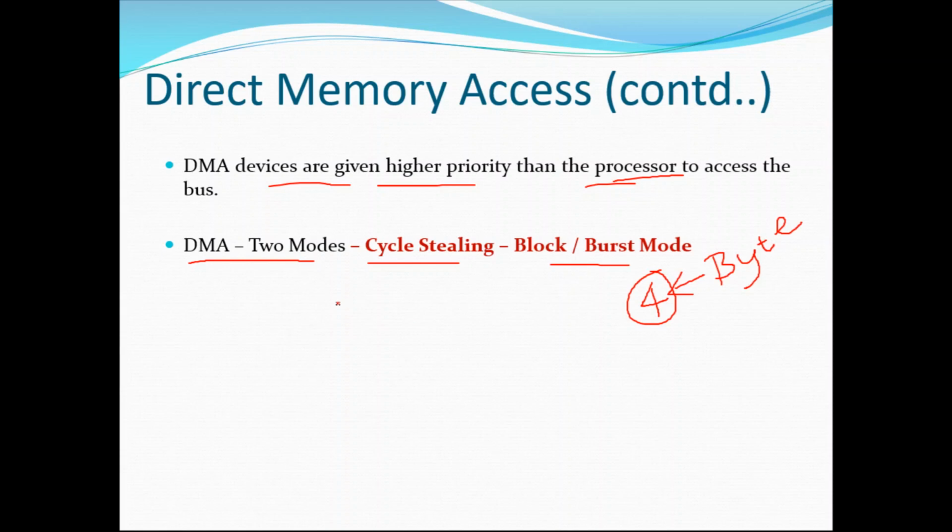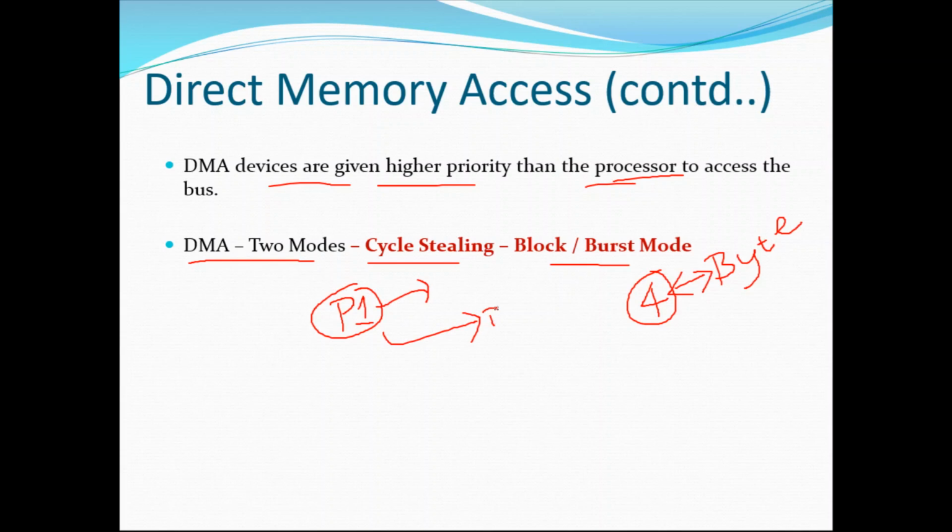Every time the processor wants to perform the first IO operation, I mean when it wants to transfer the first byte from memory to IO device or from IO device to memory, when this process says that I want to perform this IO operation, immediately the CPU will check that this process wants to perform an IO operation, so it will grant the bus to the DMA.